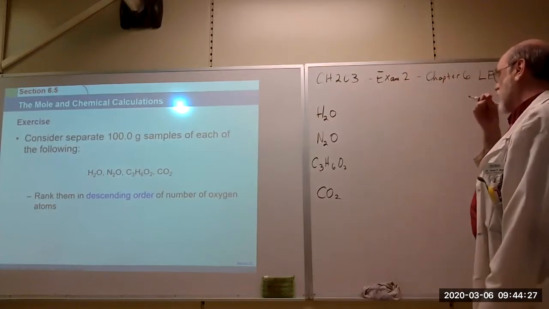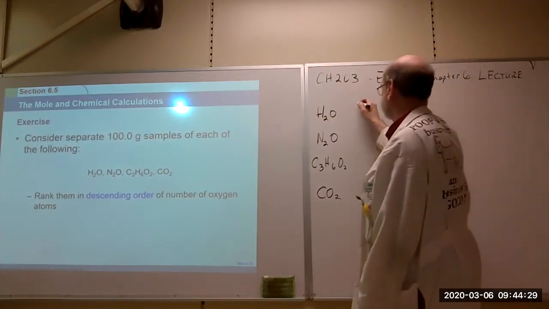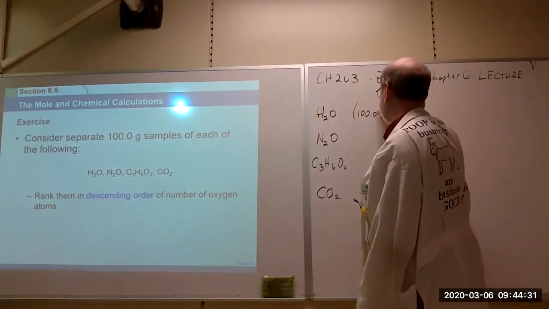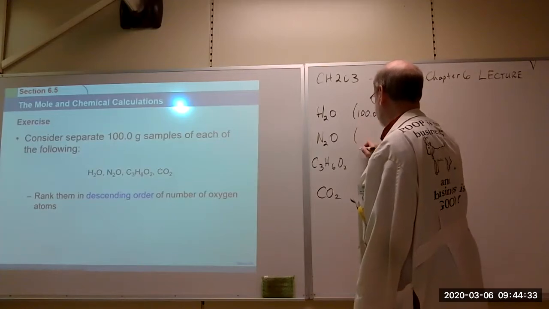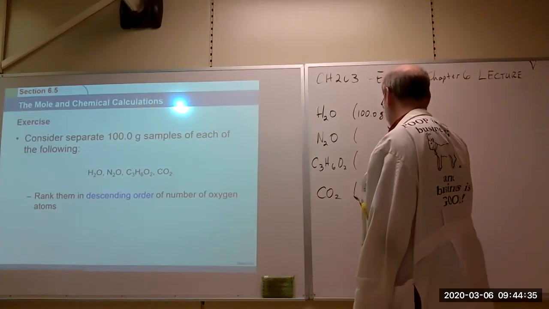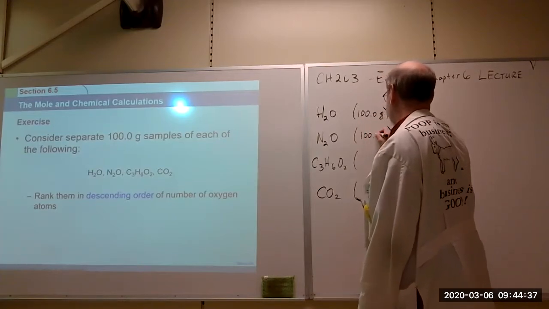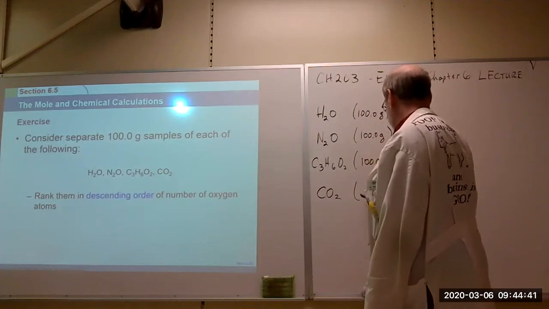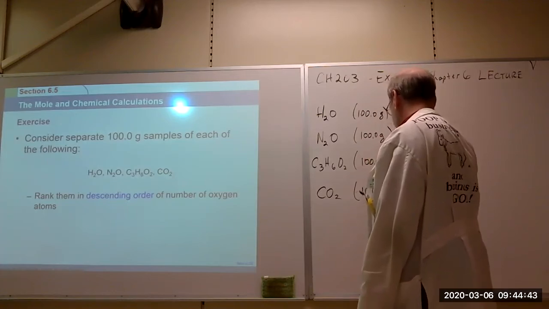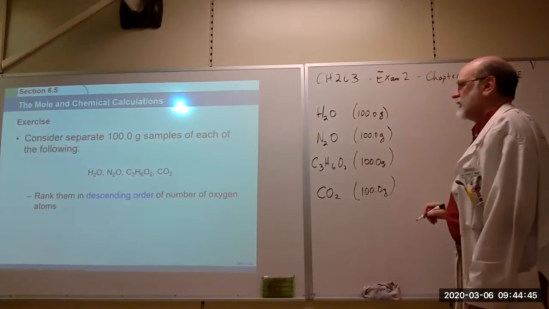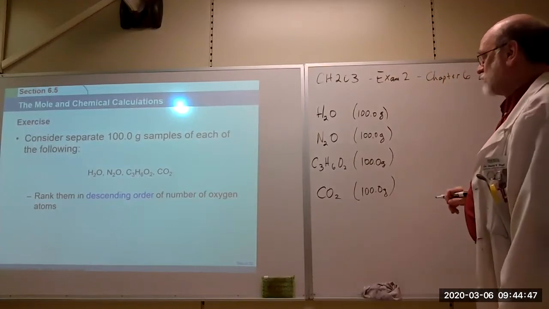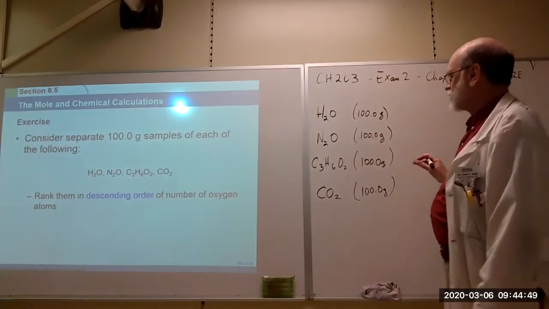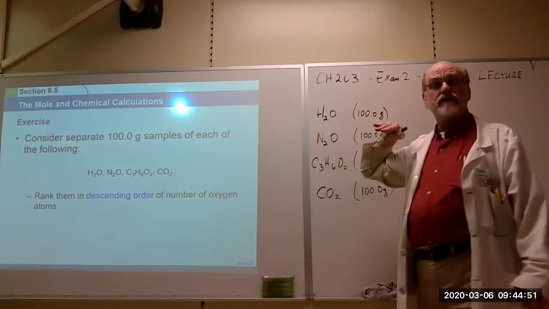We have 100-gram samples of each. So we're building our assembly line. We're starting from the same position, and we want to convert first to the number of moles of compound.